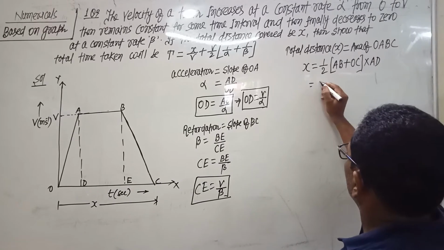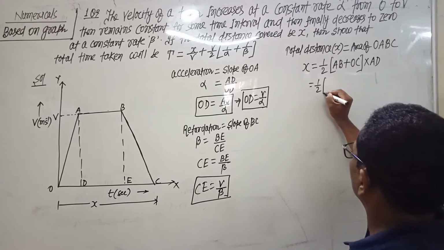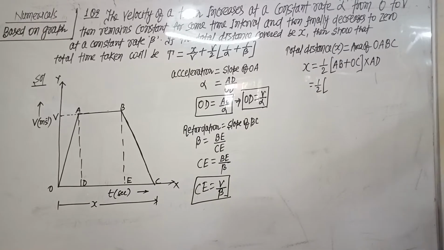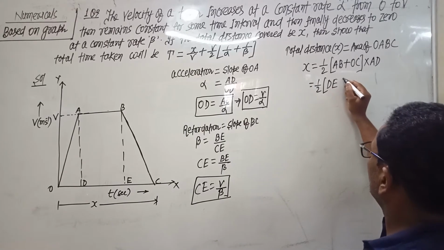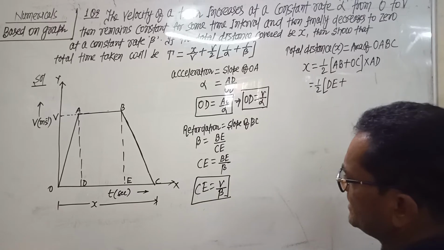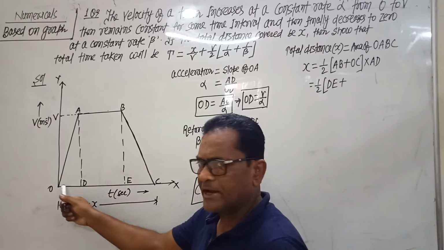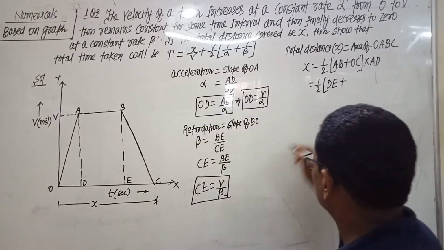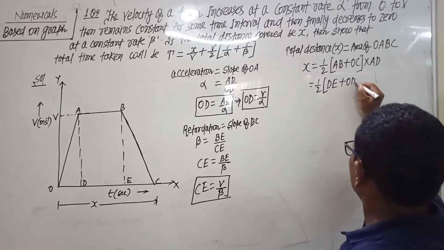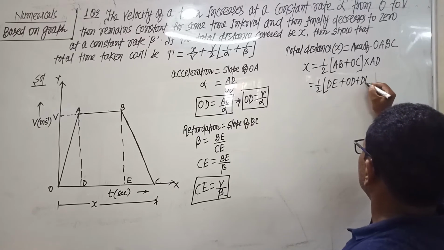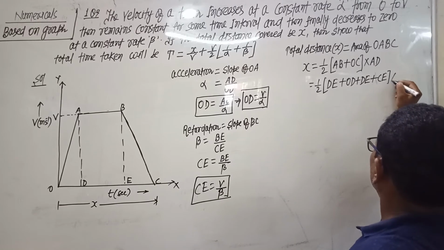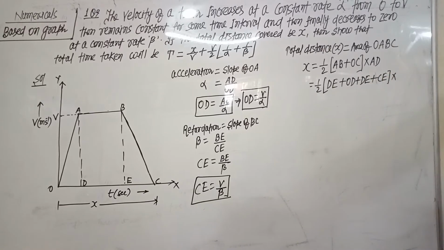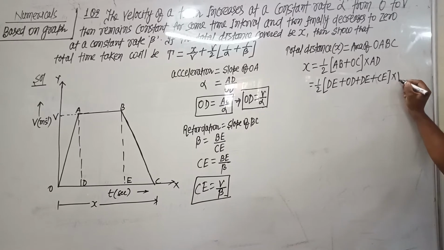So 1 by 2, AB can be written as DE, and OC can be written as OD plus DE plus CE, into AD, and AD is v.